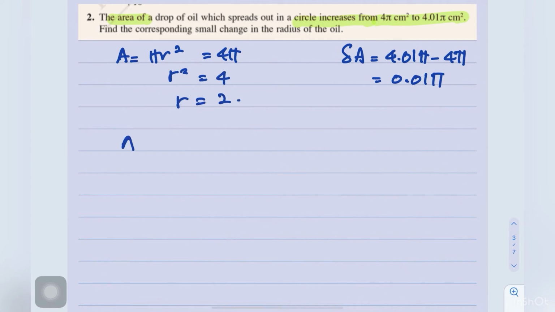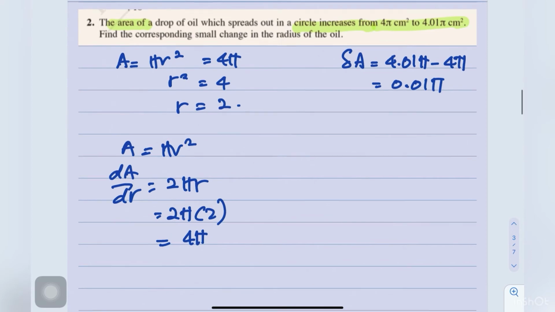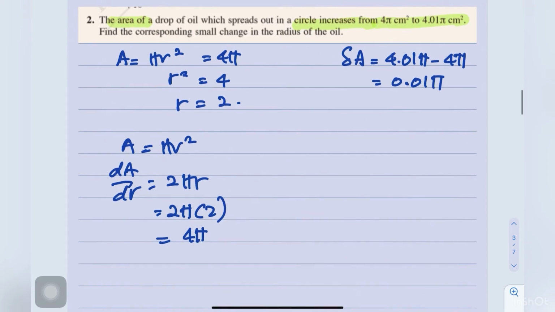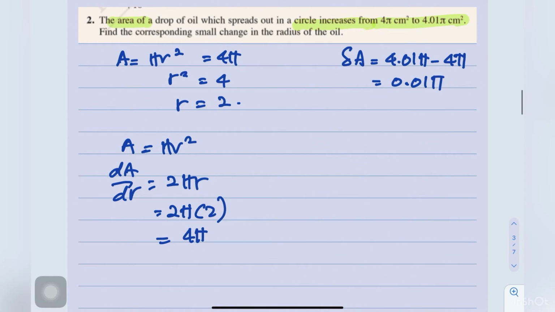Then we have A in terms of r. We differentiate, we get dA/dr equals 2 pi r. Then we substitute r equals 2, so dA/dr equals 4 pi. Now we are going to find the small change in radius, meaning delta r.